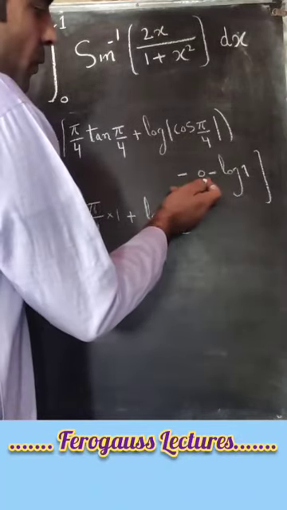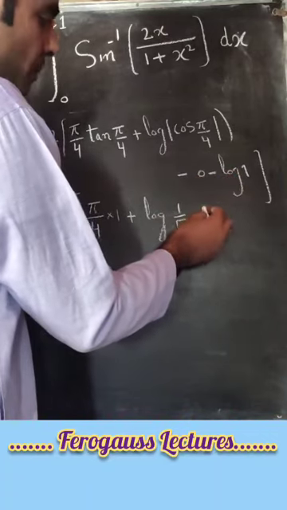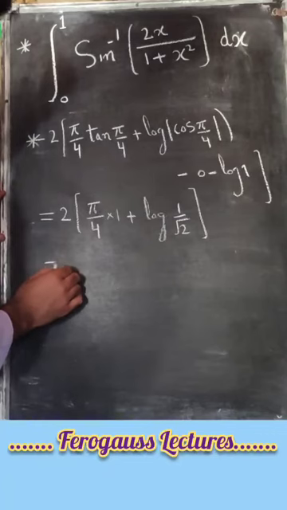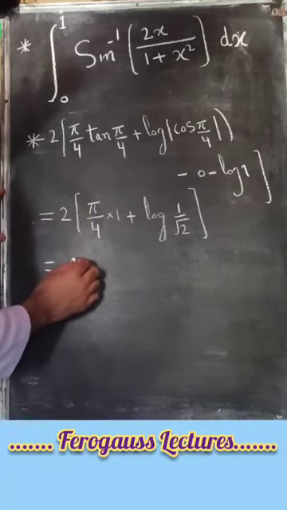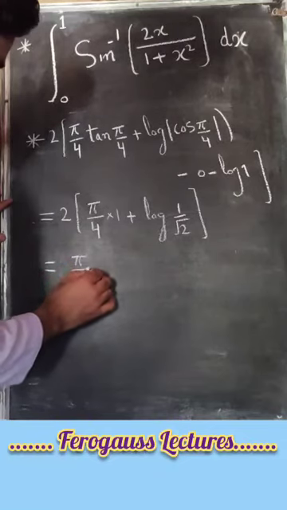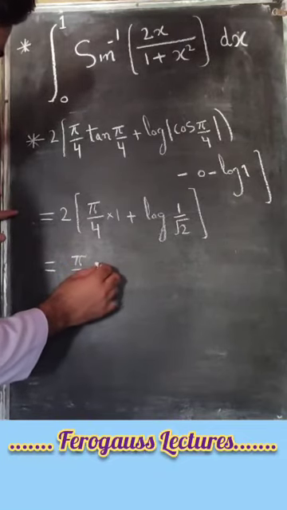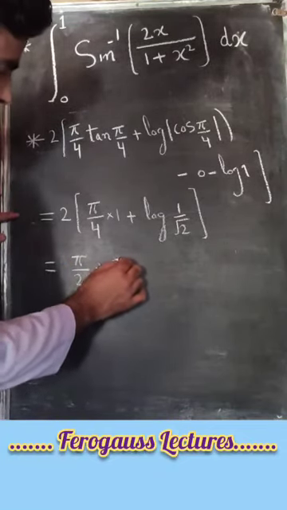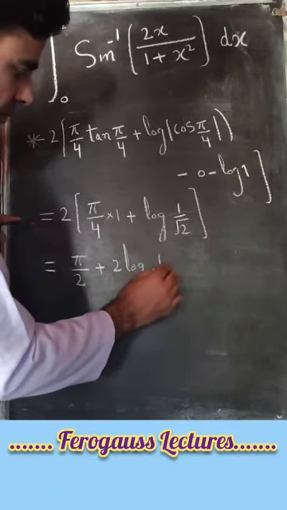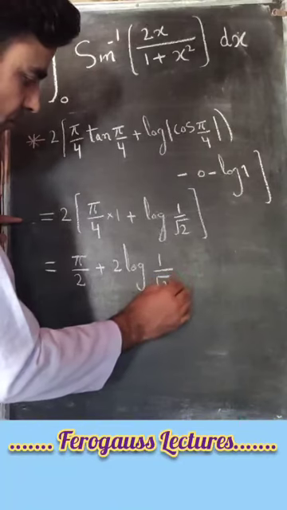It is 0 minus log of 1 is also 0. So we get this much. That is equal to, multiplying with 2, so we get pi by 2 plus 2 times log of 1 by square root of 2.